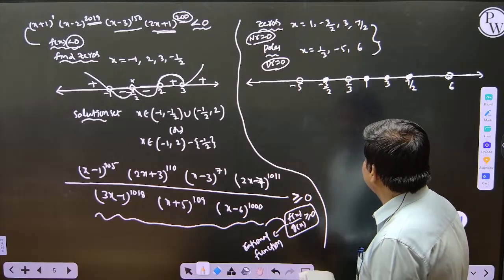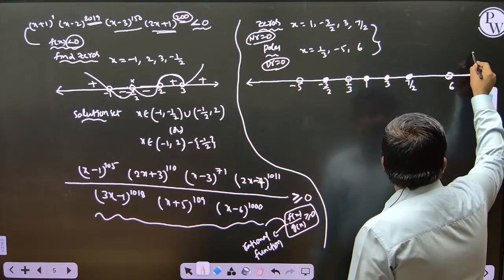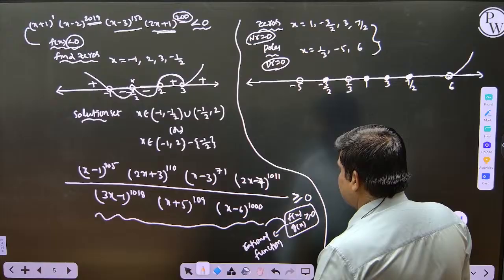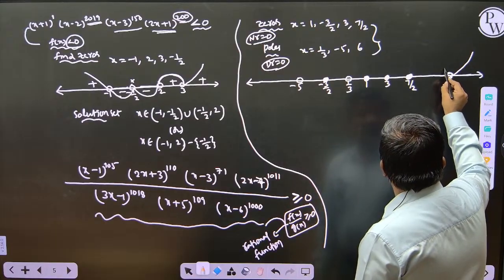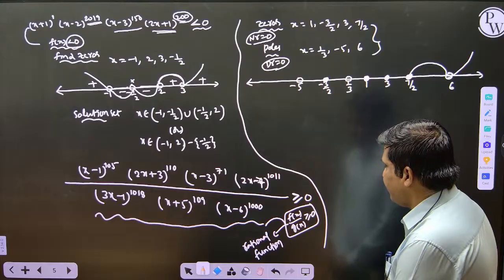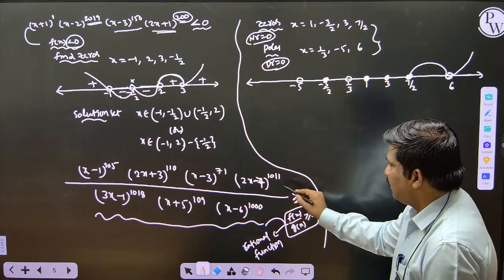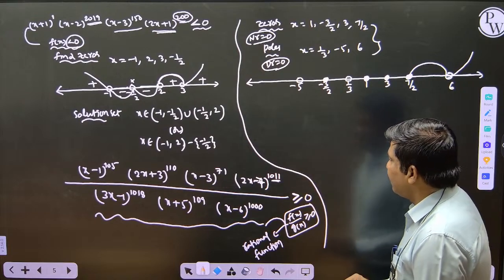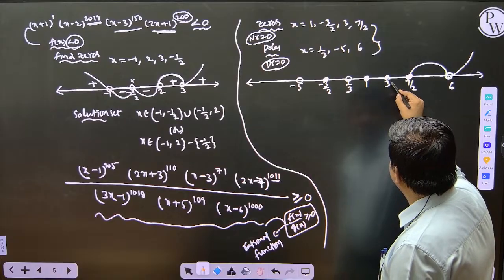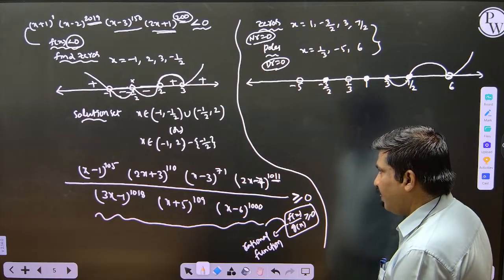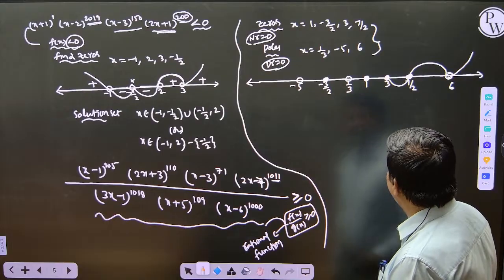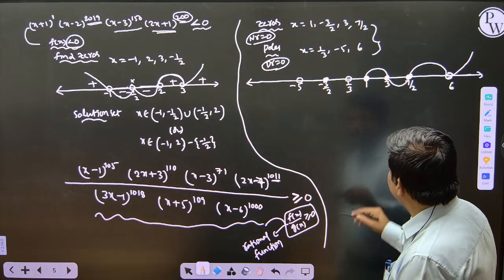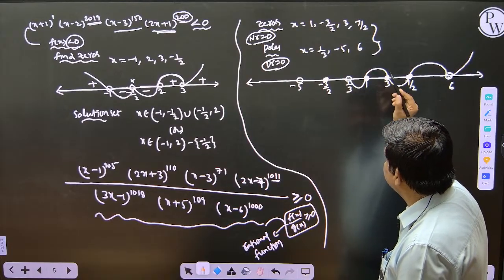Now start the wave from here. What is the power of 6? 1000, an even number, so it will not cross. Coming to 7 by 2, its power is 1011, odd, so it crosses. Coming to 3, the power is 71, crosses. Coming to 1, the power is 105, crosses.